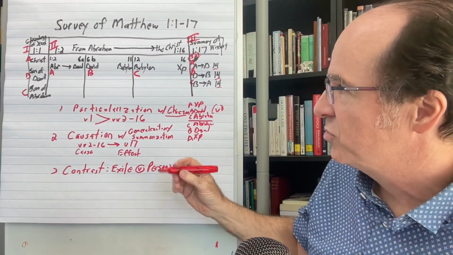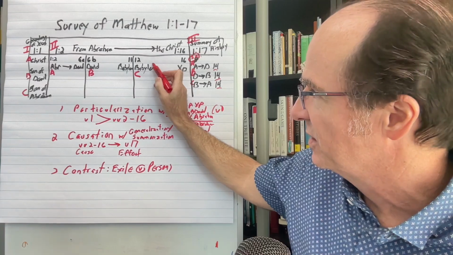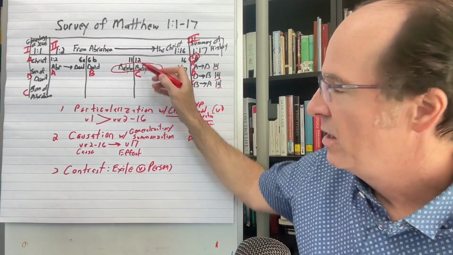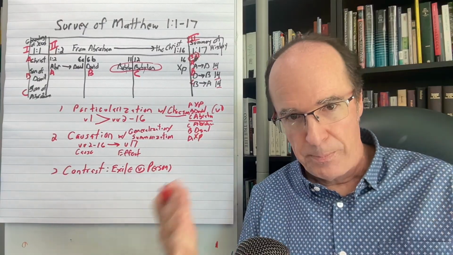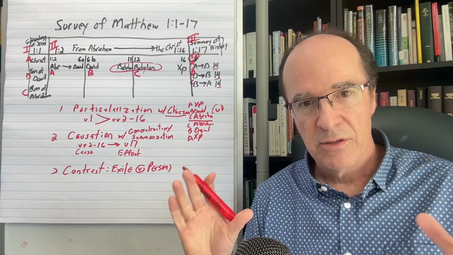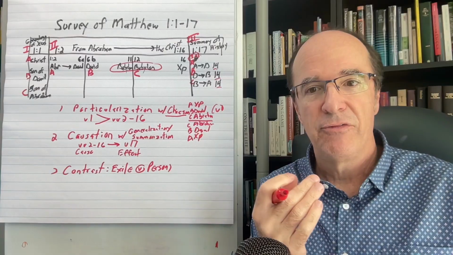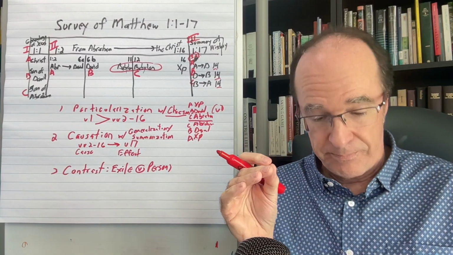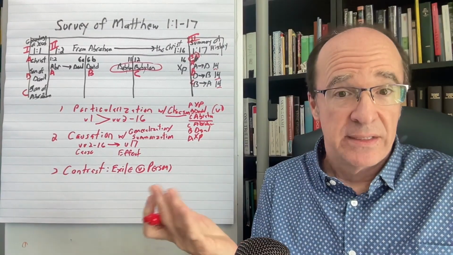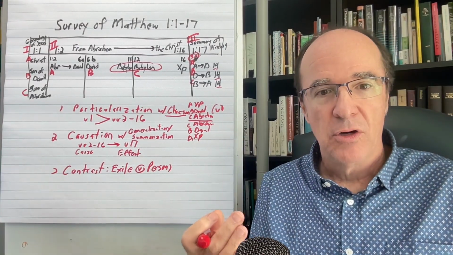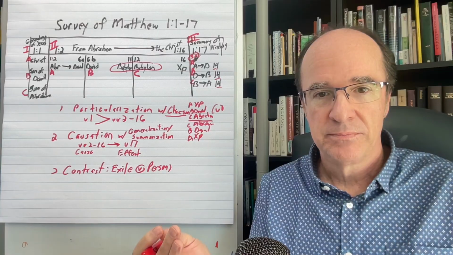And it's just really interesting that when you get to verses 11 and 12, what's mentioned isn't more people, but you have a mention of an event, and as a matter of fact, a tragic event, the Babylonian exile.